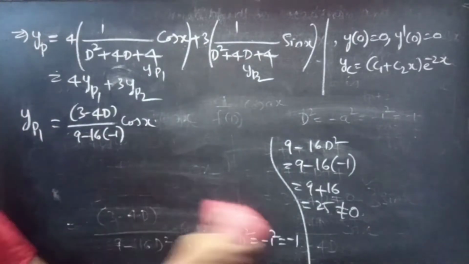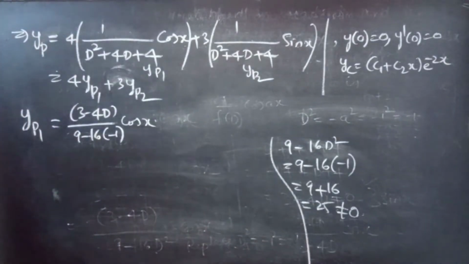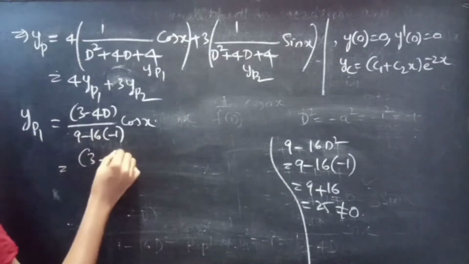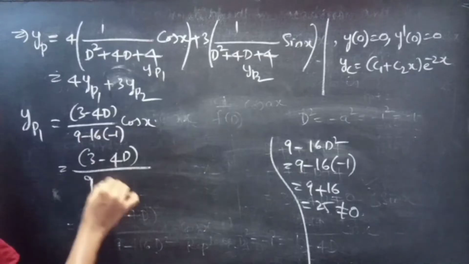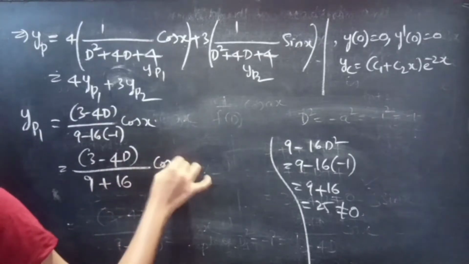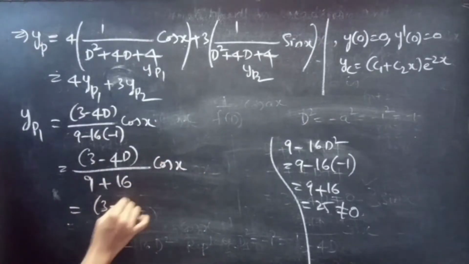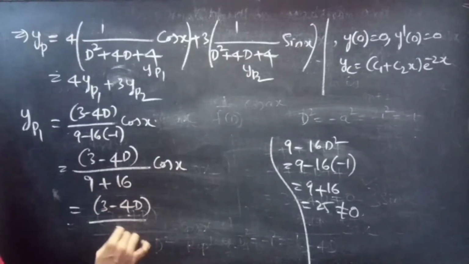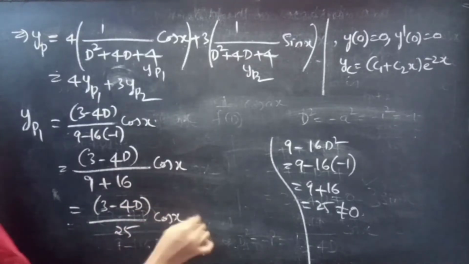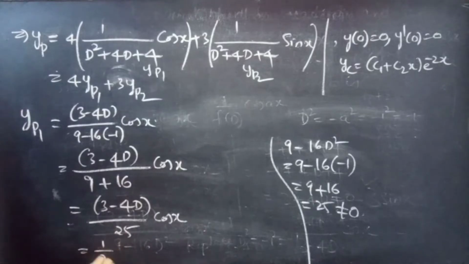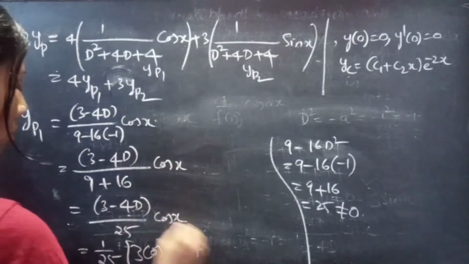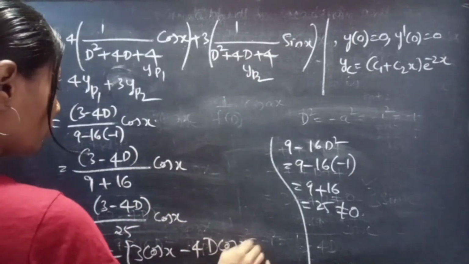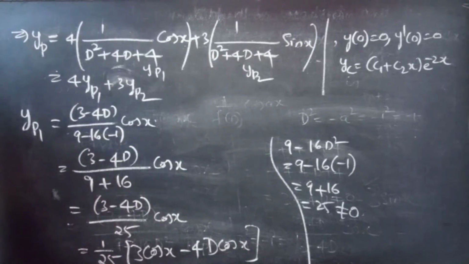Right? Which equals 3 minus 4D by 9 plus 16, into cos x, which equals 3 minus 4D by 25 into cos x. Again you can write this as 1 by 25 into 3 cos x minus 4 into D cos x. We know that D is a differential operator.